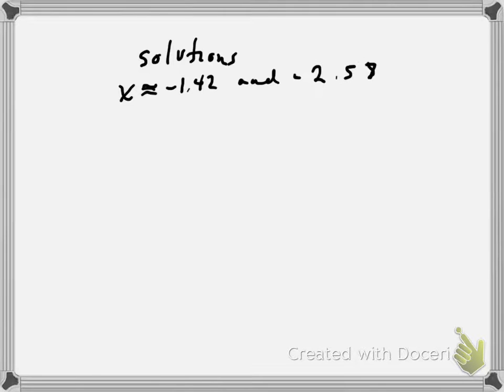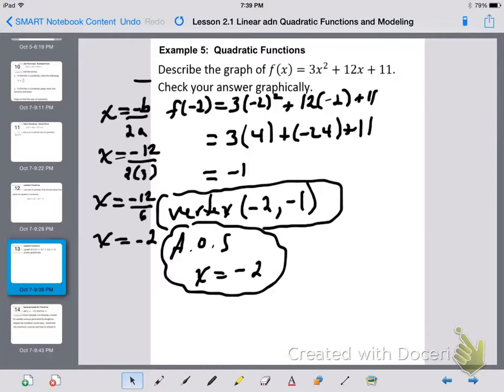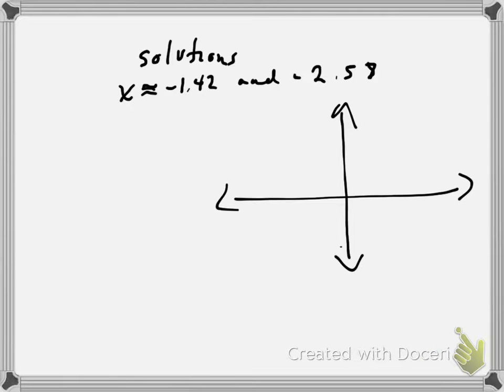Now I am going to sketch a graph of this. My vertex, if I look back, was negative 2, negative 1. So it was right here. My axis of symmetry was the line x equaling negative 2.